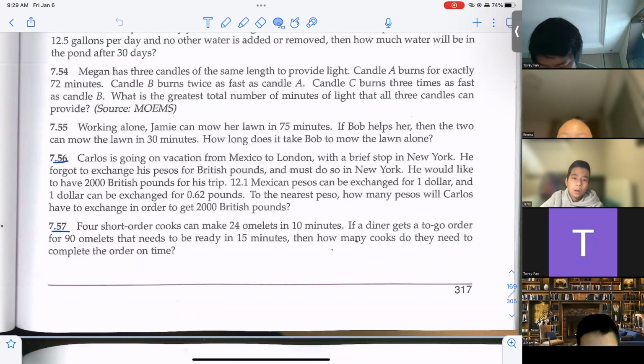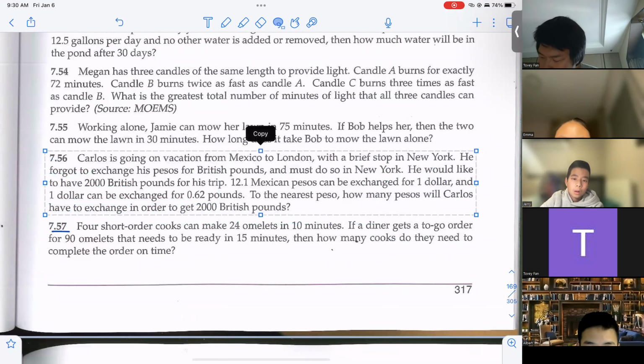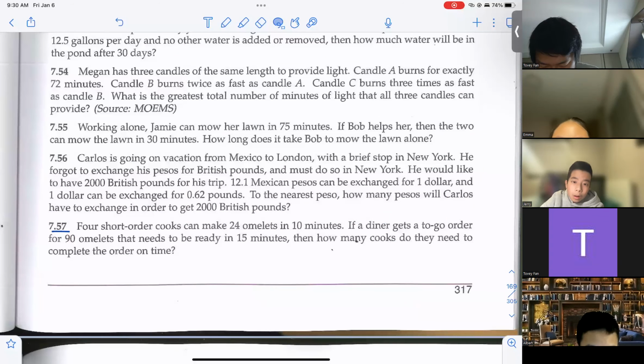So next, 756. No, 756. Yes. Is this the one Albert got wrong? Let's check.